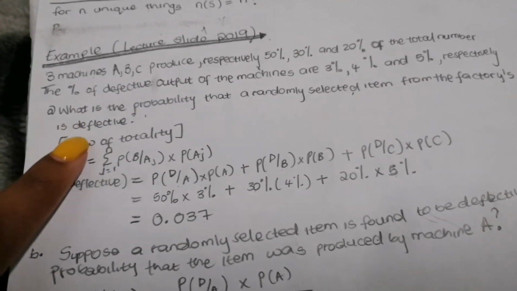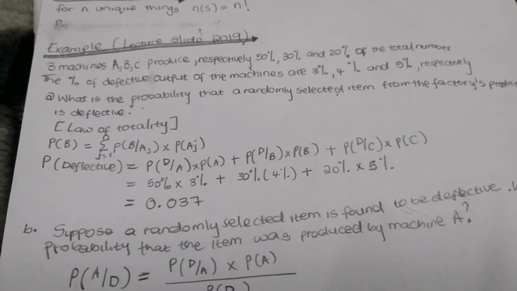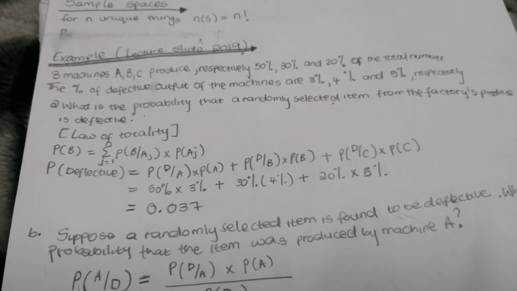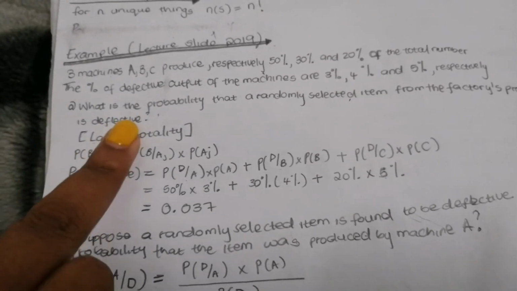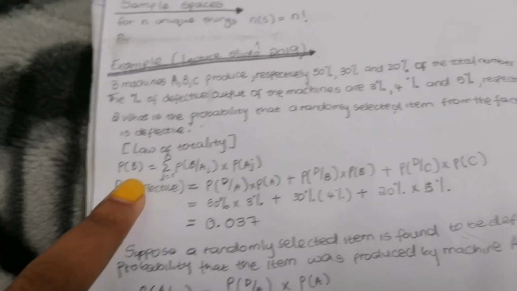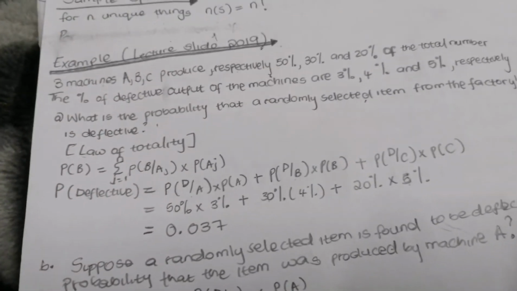The first question was, what is the probability that a randomly selected item from the factory's products is defective? So we want P defective, right?